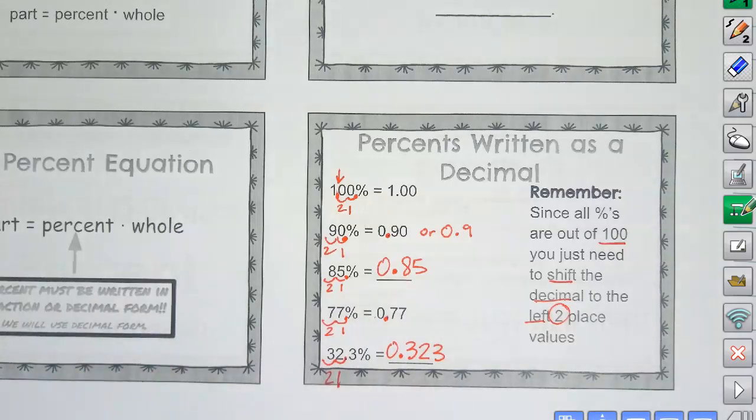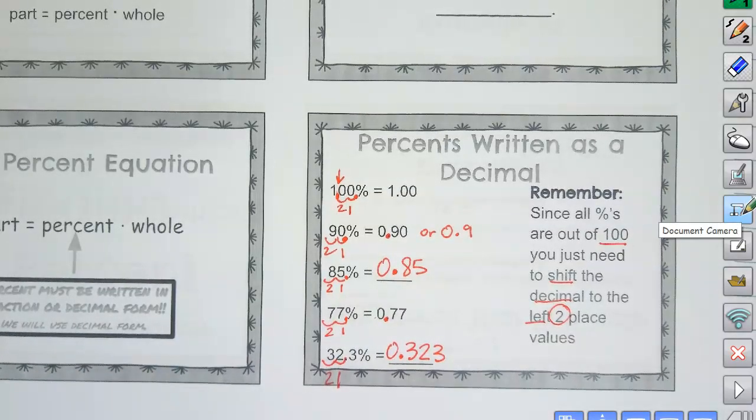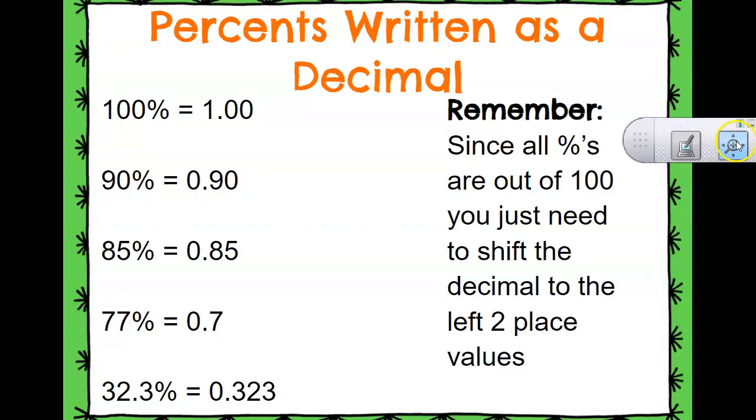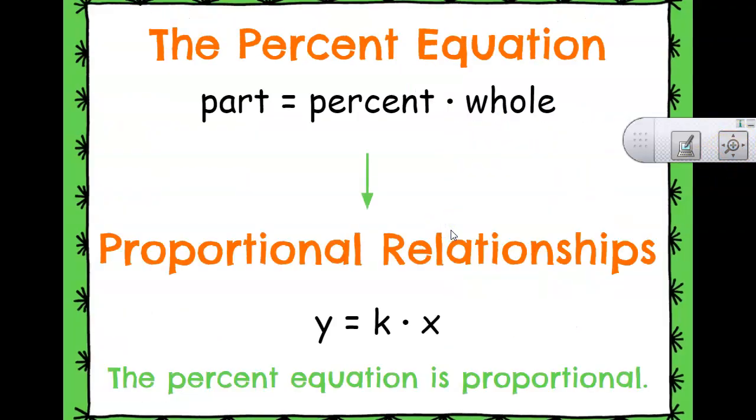All right, so now that we're good at writing percents as decimals, we can start using the percent equation. The percent equation might look a little familiar, not just from percent proportions, but from proportional relationships. If you look at the setup, the part in the percent equation is in the same spot as the variable y in proportional relationship equations.